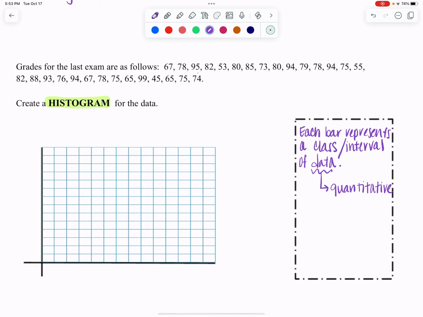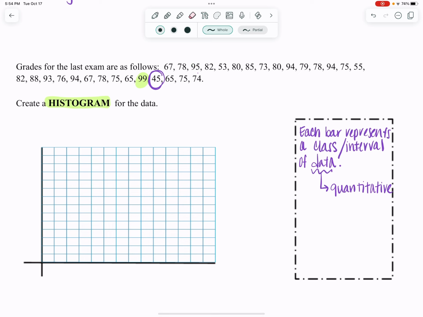I see a 53. Oop, here's a 45. So it looks like our lowest is a 45. Here's a 95. Oh, here's a 99. So that's going to be our maximum.